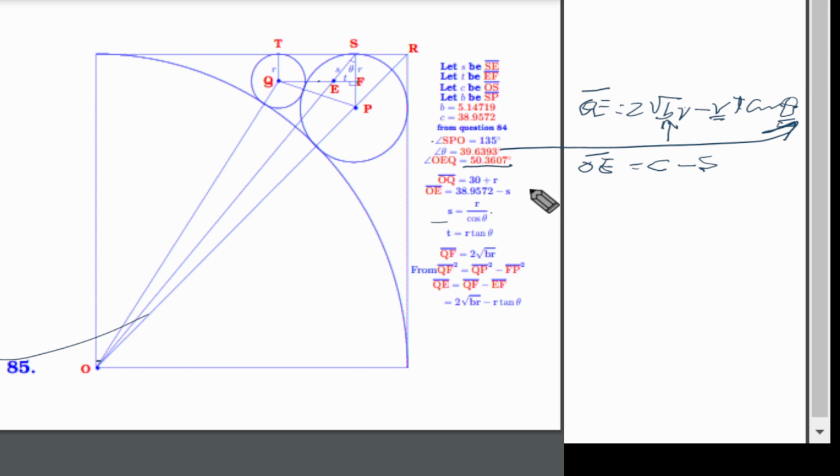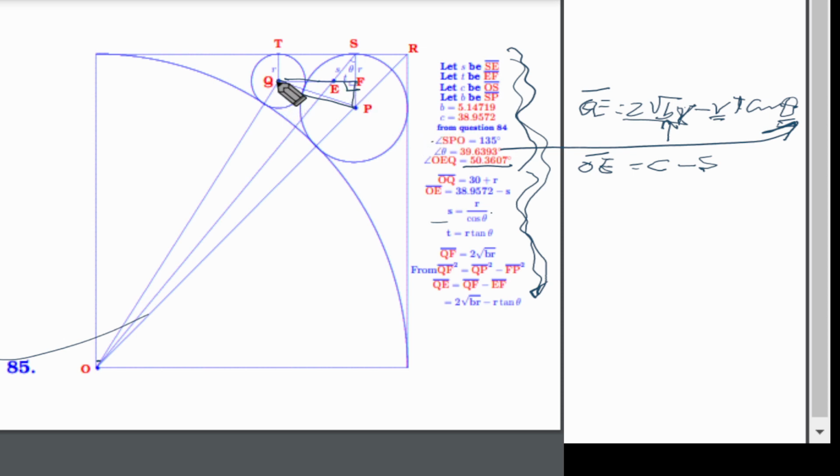So we can make an equation substituting all of this, and then we can solve for R. For each value or data, study all of this here. If you're not sure, study one more time in this section. This 2 root BR, to get that one, we use this right triangle and the Pythagorean theorem.